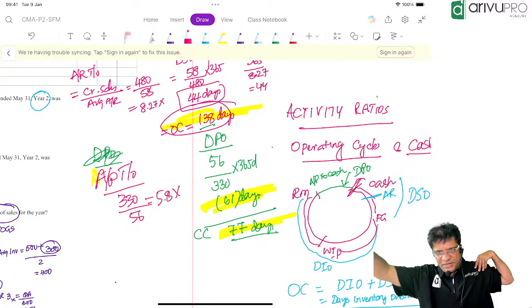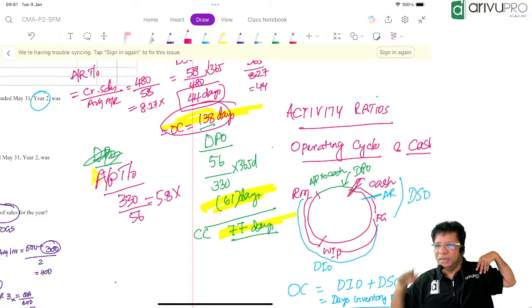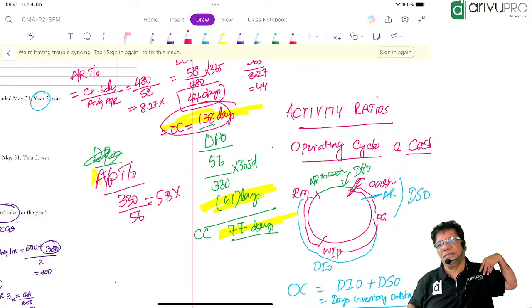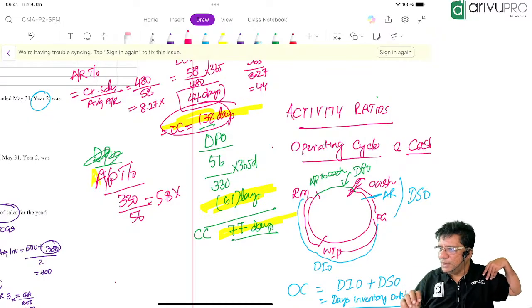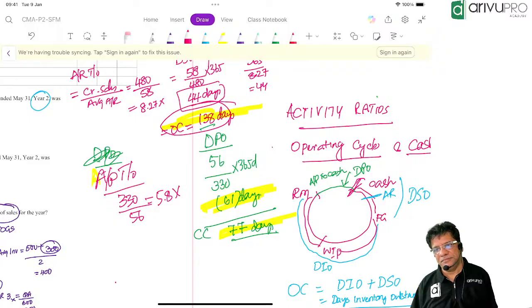You should go and collect from your customers early. Pay later. Working capital motto should be collect early, pay later. Last line, you write down. Last line. Nidhi, write down.